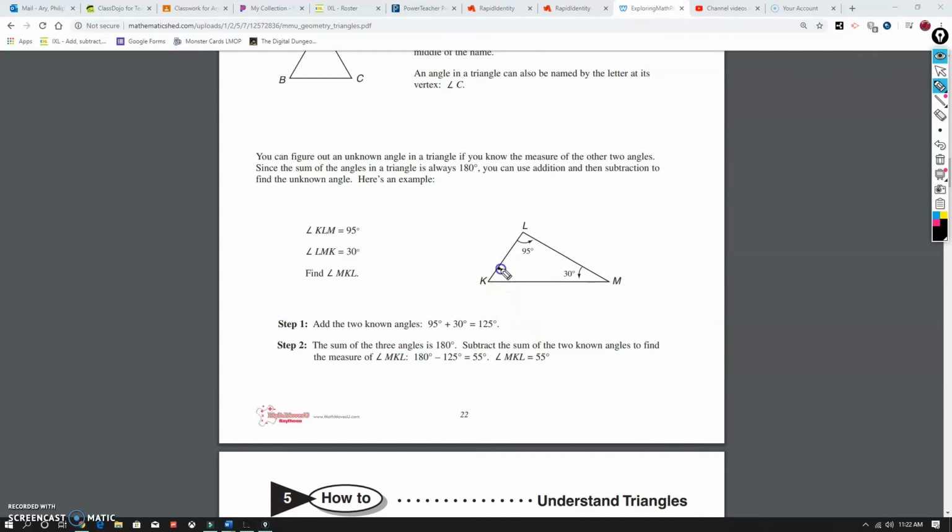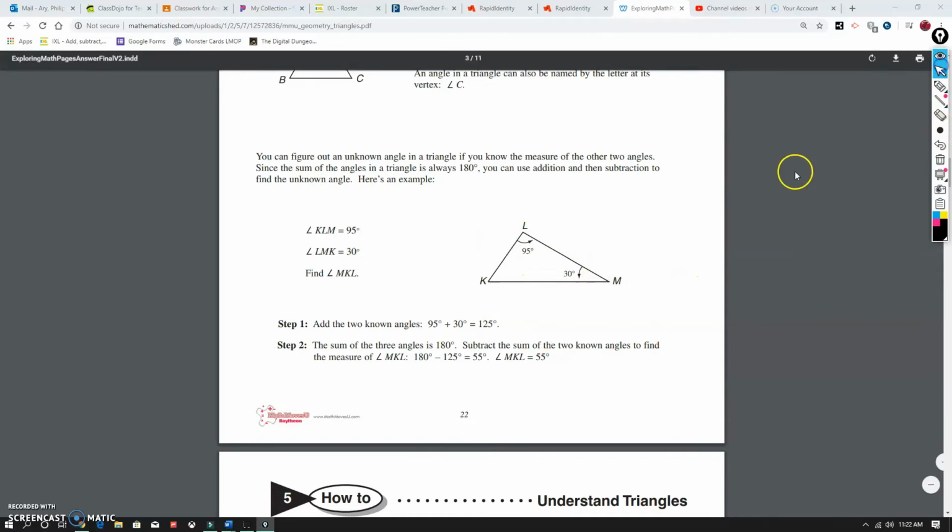If you do that, you're going to get 55 degrees. So that is your unknown angle in that case. Piece of cake, right? All you need to know is that they have to add up to 180 degrees, no matter what.